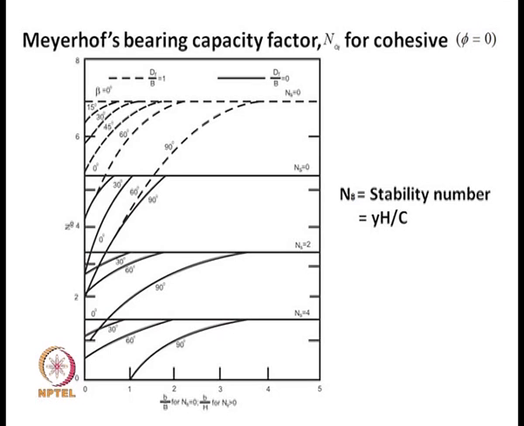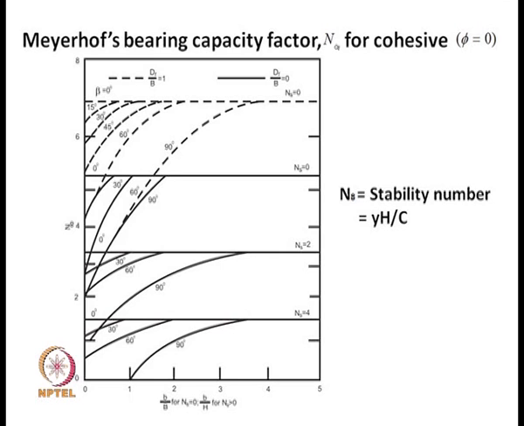These are the beta values 0 degree, 15 degree, 30 degree, 45 degree, 60 degree and 90 degrees, and correspondingly here it is 30 degree, 60 degree, 90 degrees, and the same here. So the difference is from 0 to 90 degrees, this is also 0 degree. So, these are the curves.